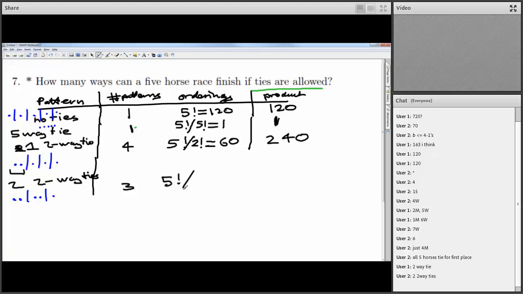But oh, hold on a second, I'm overcounting here. I can reorder the guys in the first two-way tie 2 times, and I can reorder the guys in the second two-way tie 2 times. So I'm overcounting by a factor of 4. That gives you 30 all up, and 3 times 30 gives you 90. The same sort of idea. Any other patterns you can think of?